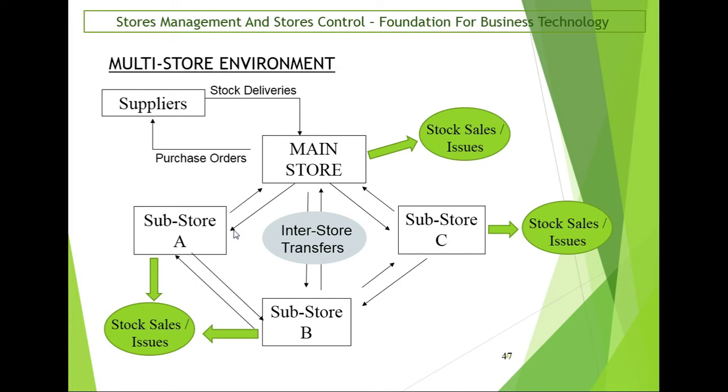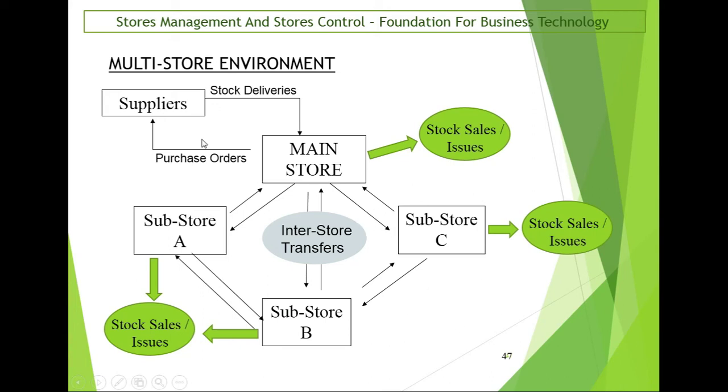When you're managing your stock properly, before you buy from external suppliers, you need to check stock balances at the different sub-stores, just in case you have a particular sub-store that is holding stock which has been sitting there idle for a long time.